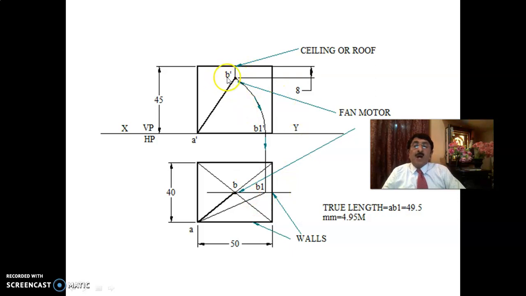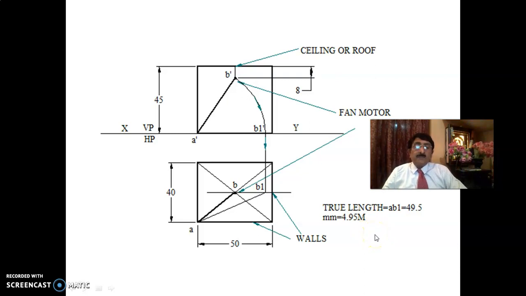In that way, after rotating, you get the true length. Measure it in millimeter or centimeter. In millimeter, it is 49.5 millimeter. In centimeters, it is 4.95 centimeters. Since 1 meter is 1 centimeter, 4.95 centimeters is 4.95 meters. This is the answer to this problem.